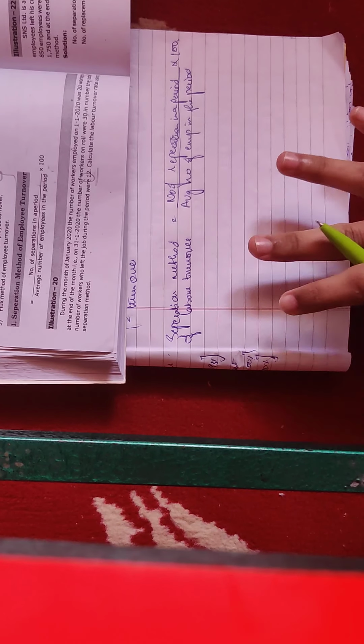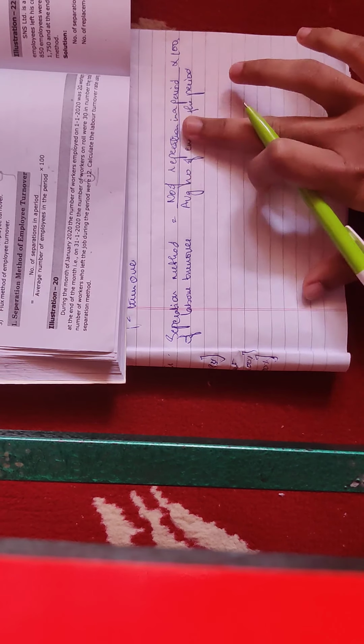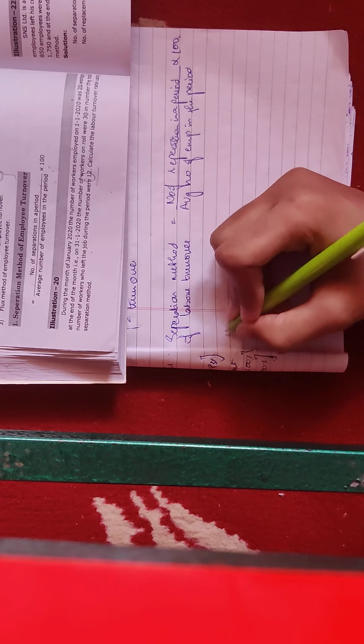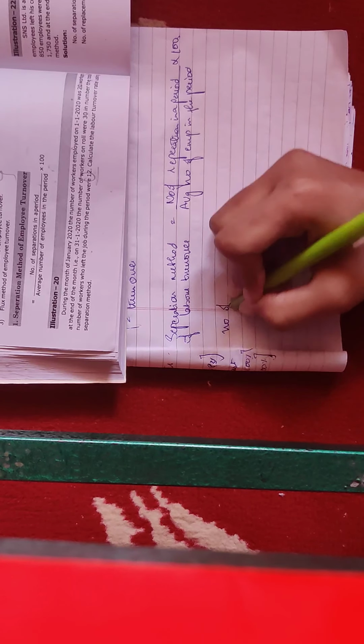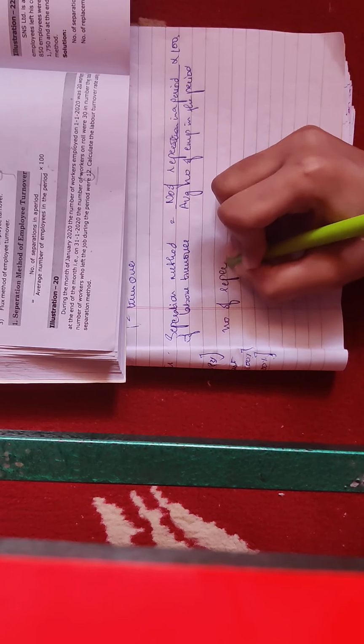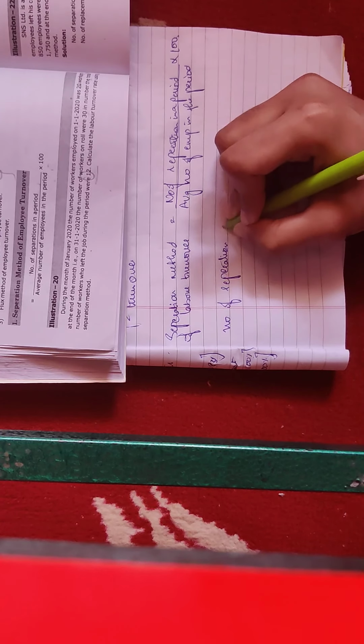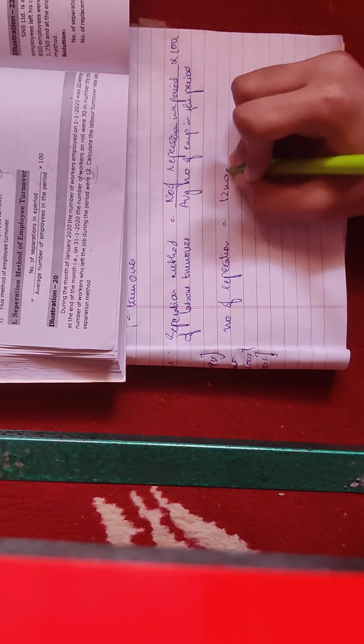First see how many separations there are. First write down the number of separations. The number of separations is given in the question. Clearly there are 12 separations.